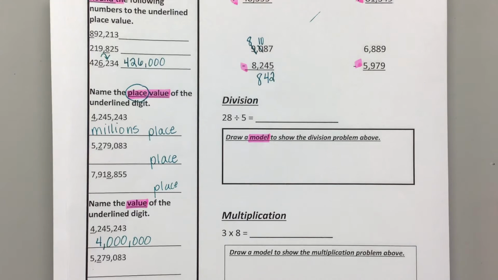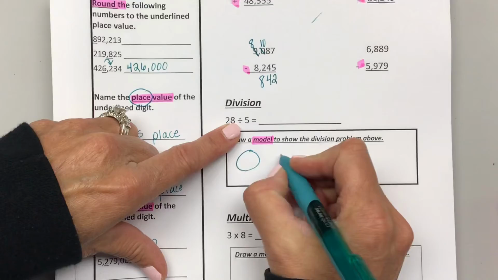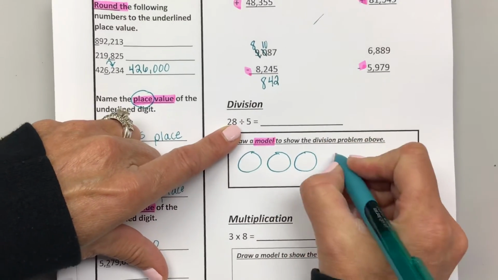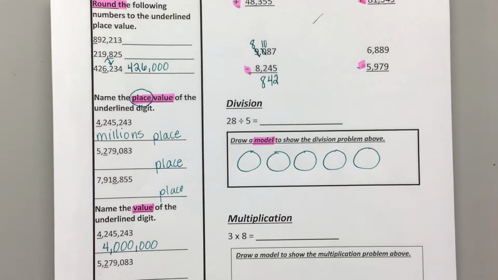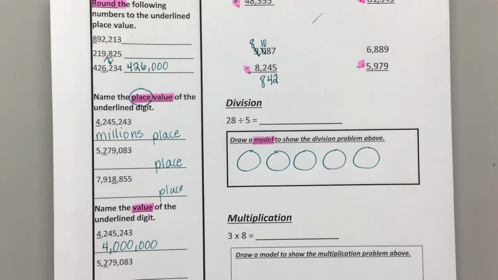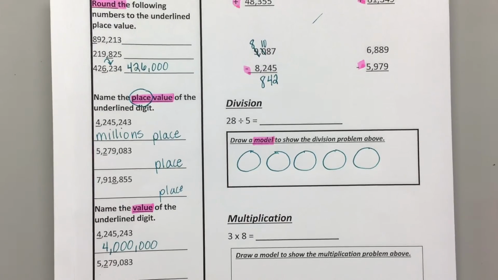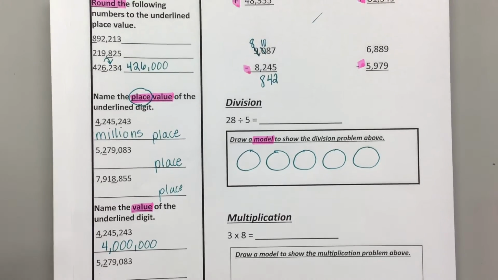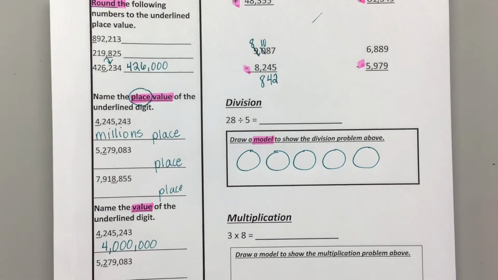So, when we talk about dividing, we know that we're putting this into 5 equal groups. Now, let's just count by 5s and see what we get to that's close to 28. Okay, count with me. 5, 10, 15, 20, 25, 30. So I get to 25. What times 5 is 25?